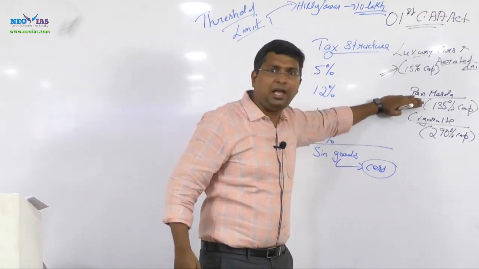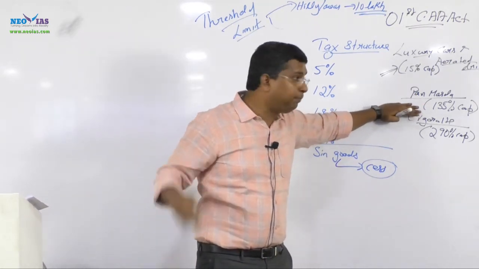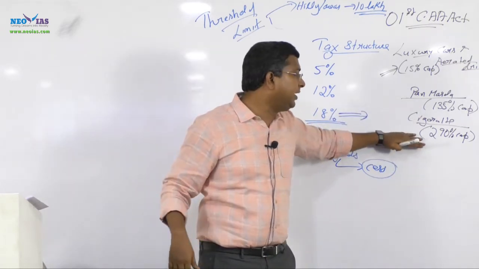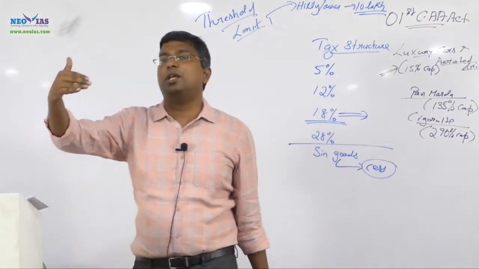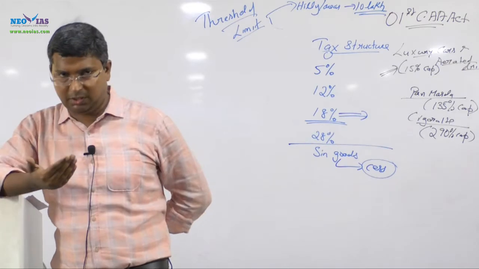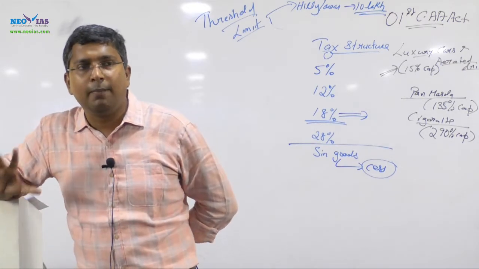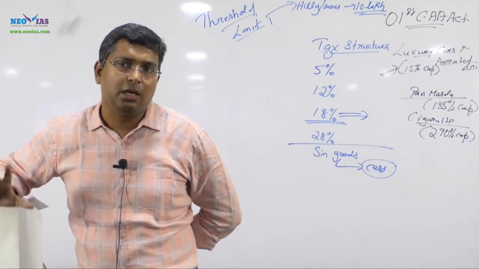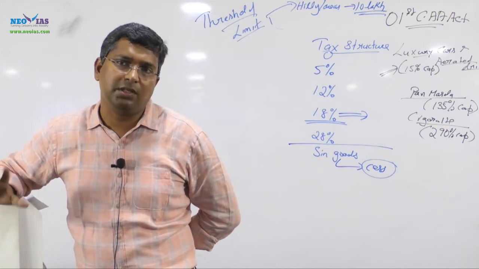But for pan masala, it is 135% maximum, and for cigarettes, it is 290% to the highest slab. The highest slab is 28%.